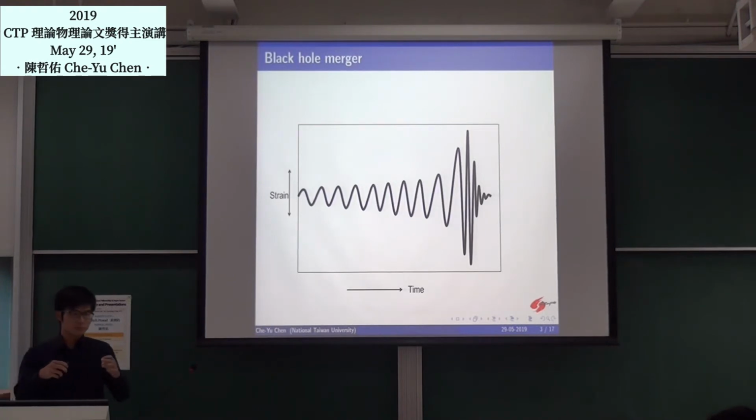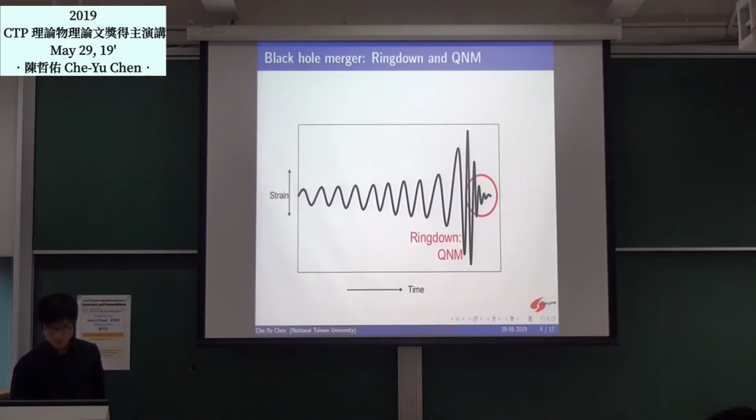But imagine just after the merger, the distortion of this system is so huge. In the end, this distortion should gradually relax to its final configuration, the final black hole. So the final stage of these signals corresponds to oscillations, but the amplitude of the gravitational wave should gradually decrease.